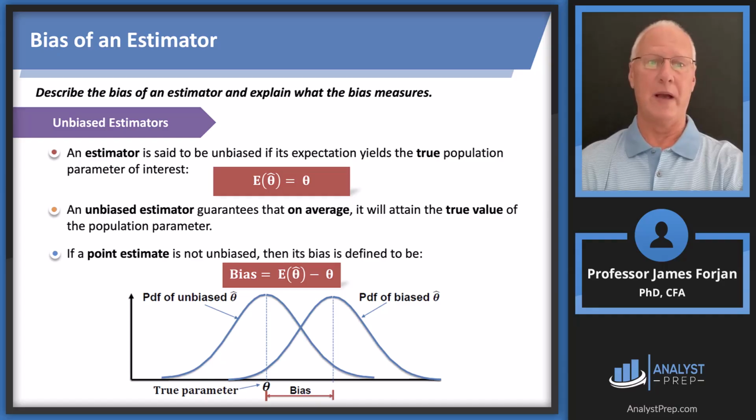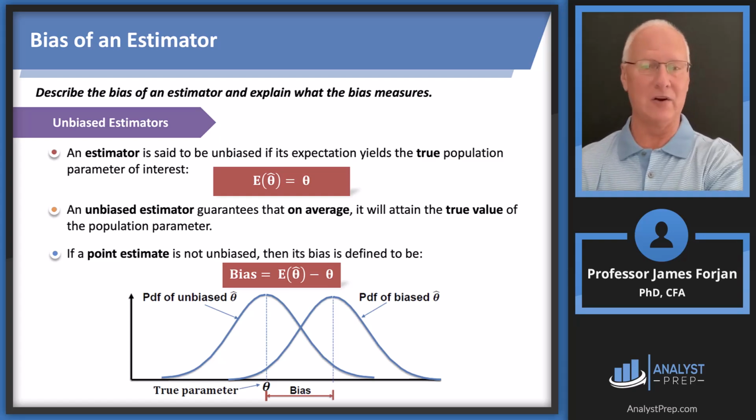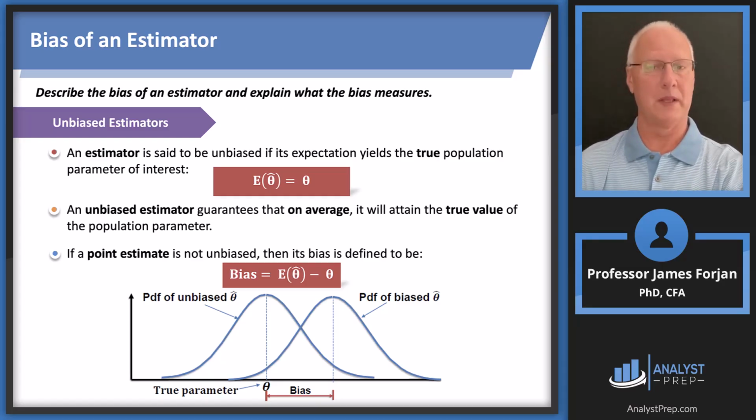Now, the idea here about unbiased is that if we expect that estimator with the hat on top of it to be identical, there's an equal sign there, identical to the true population parameter, then we say that it's unbiased.